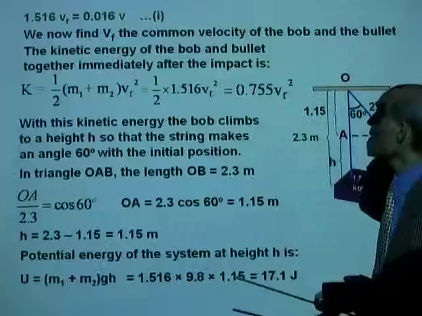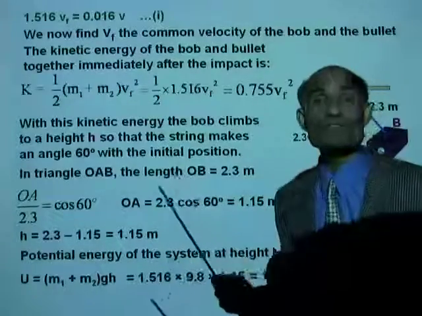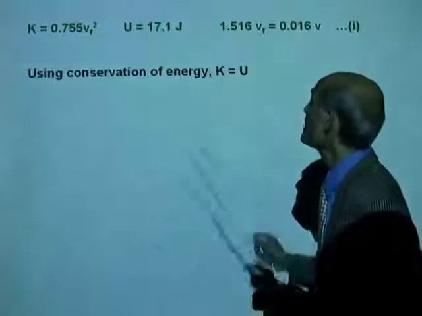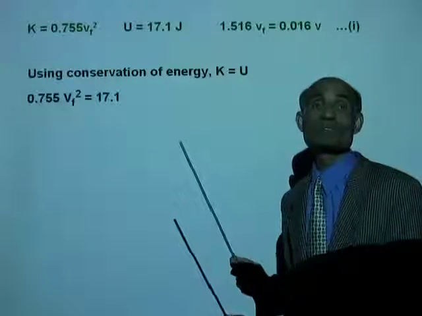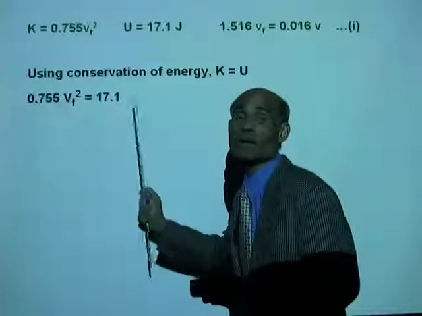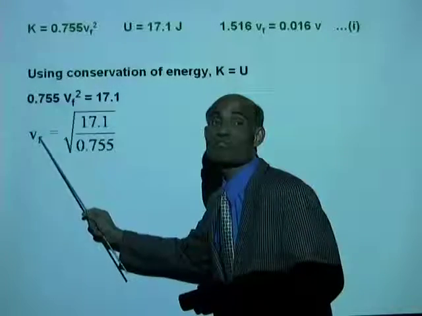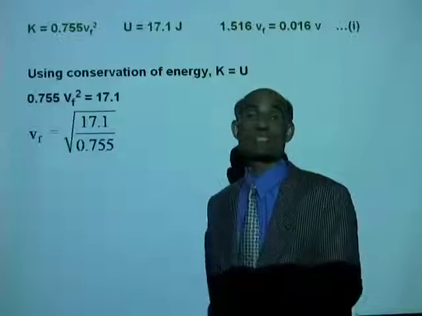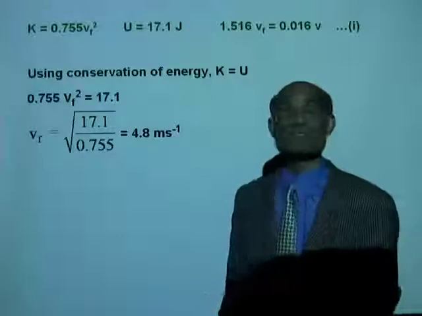And this potential energy must be equal to the kinetic energy according to the law of conservation of energy. So 0.755 Vf squared is 17.1. That gives me Vf equal to the square root of 17.1 over 0.755, that is 4.8 meter per second.